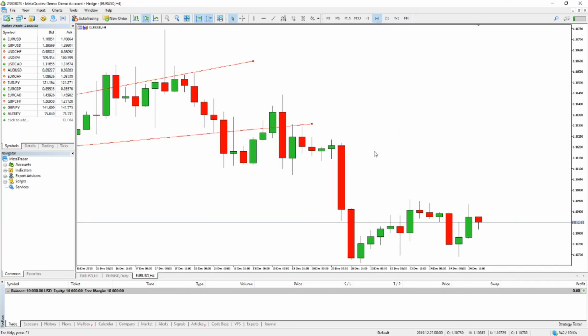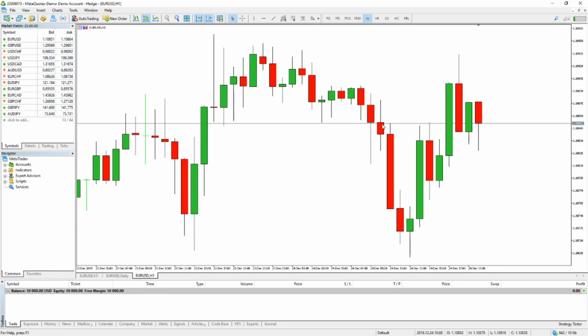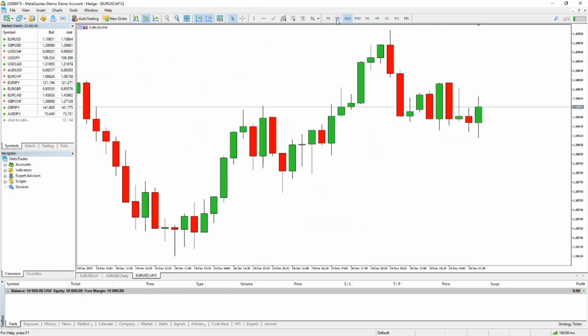H4 means every 4 hours candle, hourly means every 1 hour candle, and same for 30 minutes, 15 minutes, 5 minutes, and 1 minute chart. And you can see, if you mouse over a candle, you can see the date, open price, high price, low price, and close price of any candle.